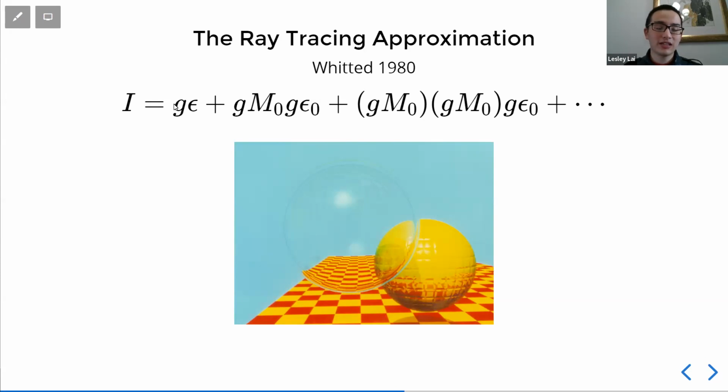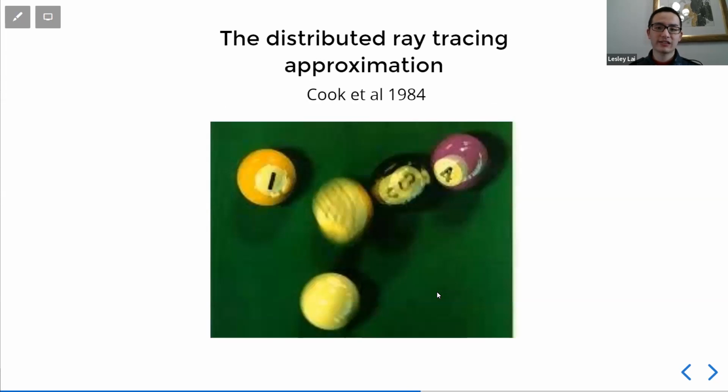With this approximation, the only difference is this M term is not the real M in the Neumann series, but it is itself an approximation, a sum of two terms, the reflection term and the refraction term. But otherwise, we have this infinite series approximated, and we can get some pretty good results in the 1980s.